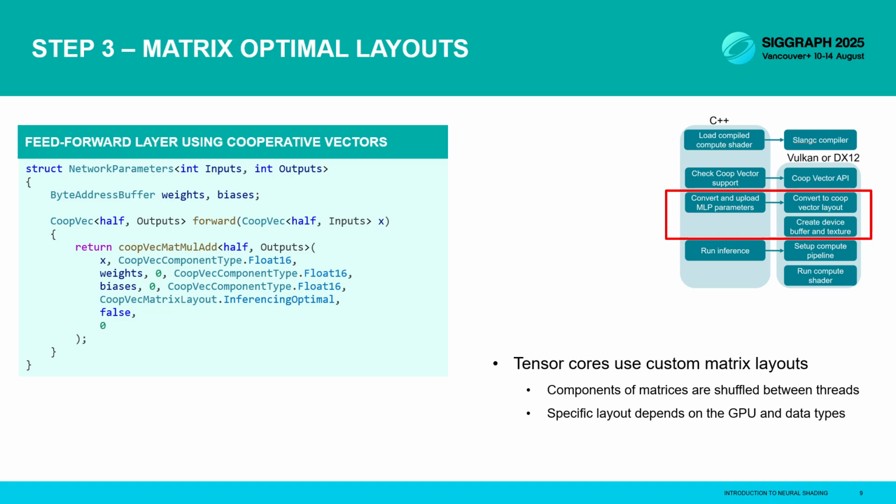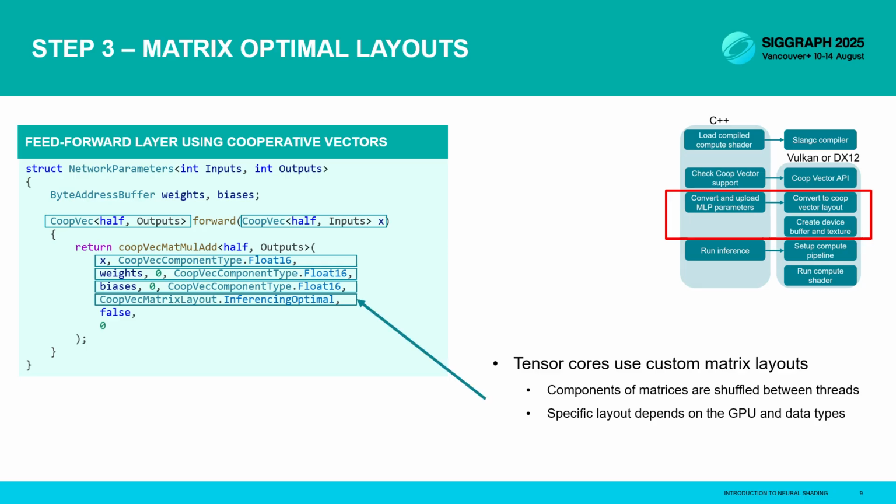You can see a piece of source code that implements the linear part of the data transition between two neural layers. It takes a cooperative-vector x as input, a weights matrix, and a biases vector, and produces a cooperative-vector output. It has a parameter that defines matrix layout. It is important because tensor cores use custom matrix layouts.